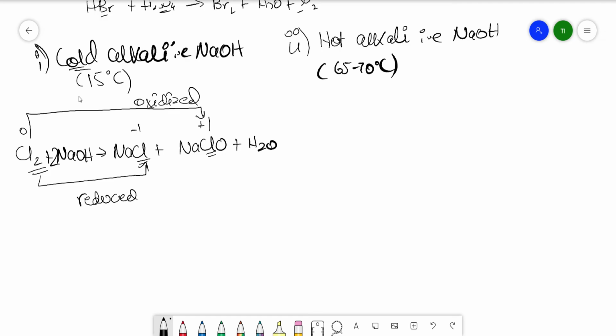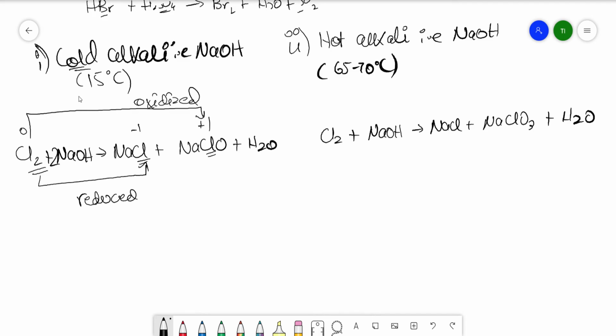And in the case of hot alkali, i.e. NaOH, Cl2 plus NaOH gives you NaCl again, plus NaClO3 plus H2O. In this case, the oxidation state of Cl is higher because it's at a higher temperature.